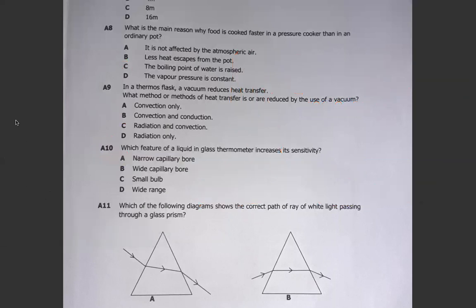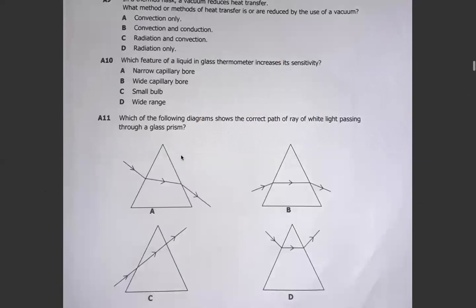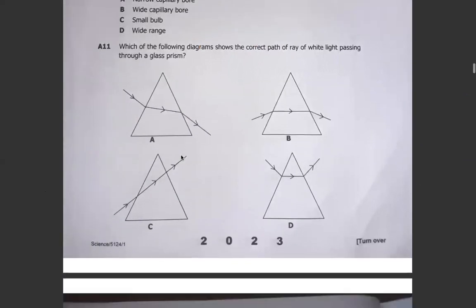Question A11. Which of the following diagrams show the correct path of the ray of light passing through a glass prism?